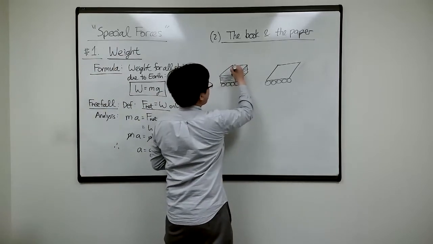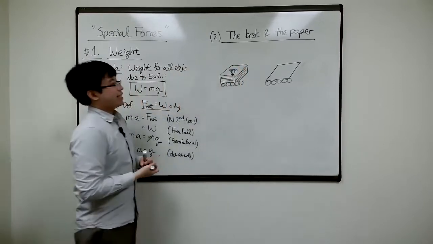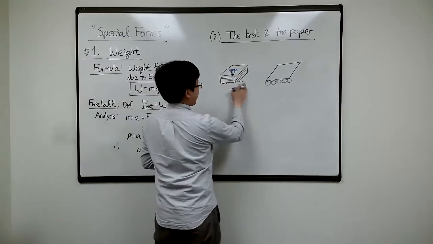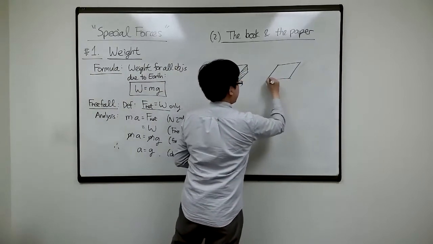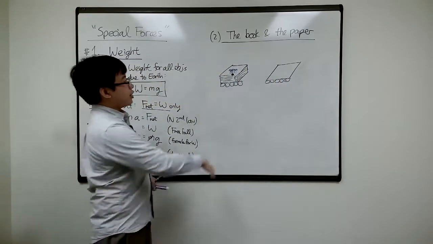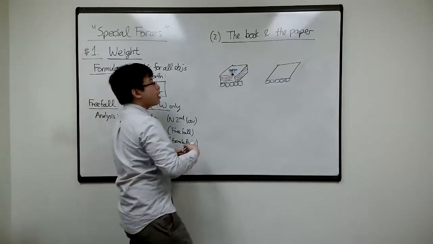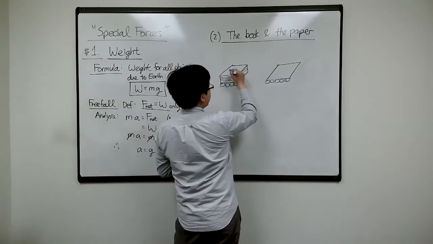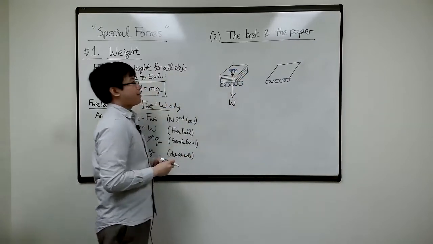I'll have 1, 2, 3, 4, 5 like this. Let me make our air particles blue, like this. Okay, good. So what else is it in contact with? Nothing much really. There is also the gravitational force, right? So I also have its weight.